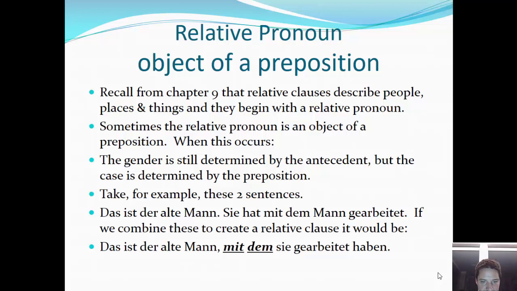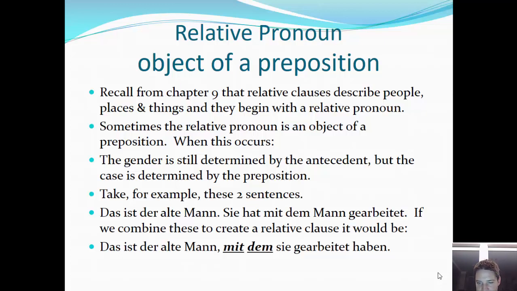Basically what I want you to do is look down at the very end, the last two. Sometimes the relative pronoun is an object of a preposition. Look at the second to last bullet there: das ist der alte Mann. Gut. And then the second one: sie hat mit dem Mann gearbeitet. If you combine those: das ist der alte Mann, mit dem sie gearbeitet haben.